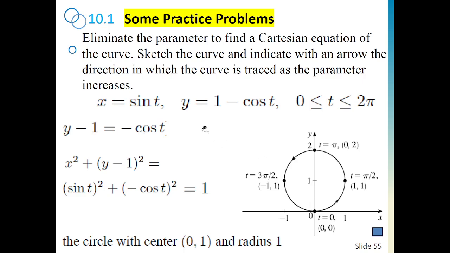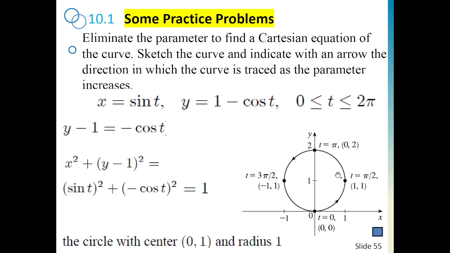Great. Now we need to figure out the direction in which the particle is running. So at t equals 0, x is 0 and y is 0. So at t0 we are at 0, 0. And then let's say at t equal pi over 2, sine pi over 2 is 1, cosine pi over 2 is 0, so 1 minus 0 is 1.